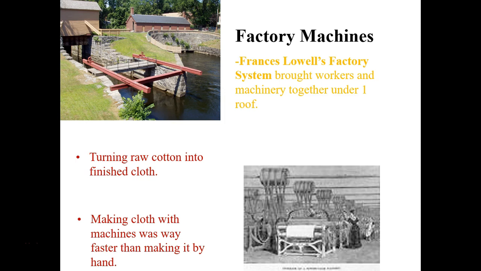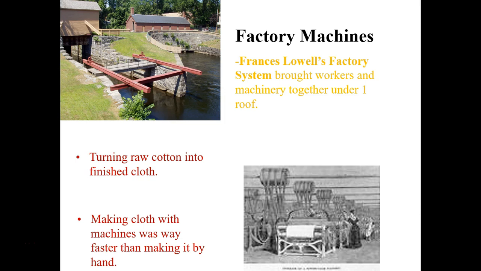So raw cotton went straight to cloth. Okay, so it used to be turned from raw cotton to thread, and then it would be moved somewhere else, and then thread would be turned into finished cloth. And so the factory system streamlined that so it was done in one location.